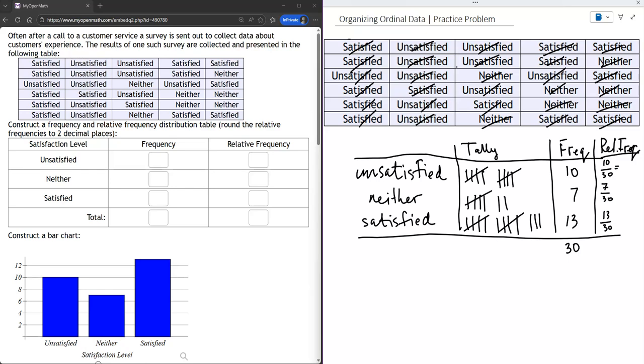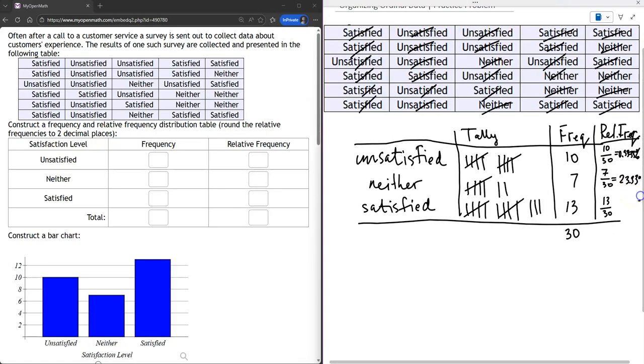I don't have one on me, but 10 divided by 30 is 0.33 or 33%. 7 divided by 30 is, I don't want to make that mistake, 7 divided by 3 is 2 and 1/3, so it's going to be 23.3%.